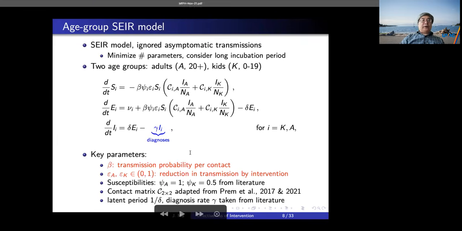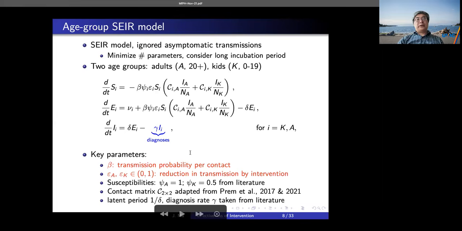So to answer our questions, whether these results are generic, we use as simple a model as we can, because as we said, this is the exponential growth stage. We don't have much information. If just from the case counts, we only have the exponential growth rate. We can't estimate too many parameters.